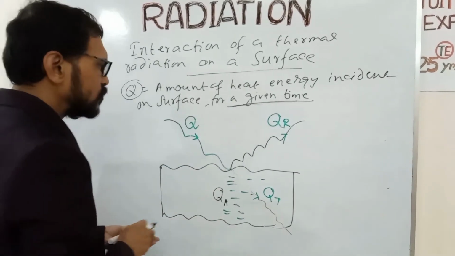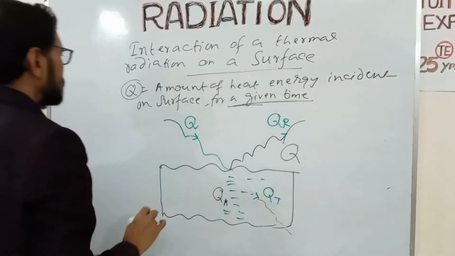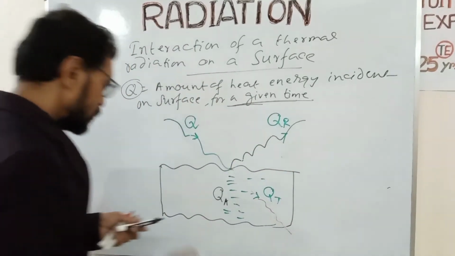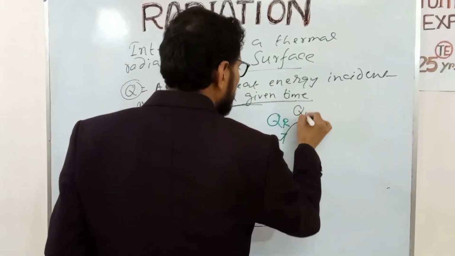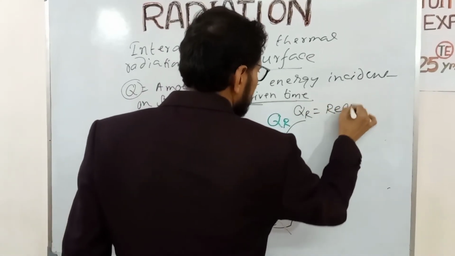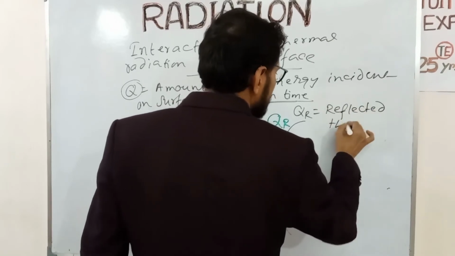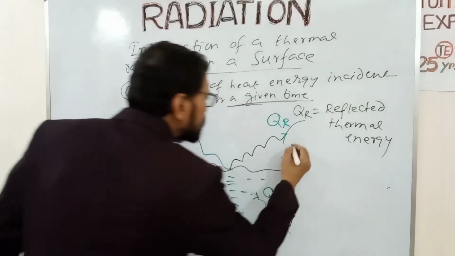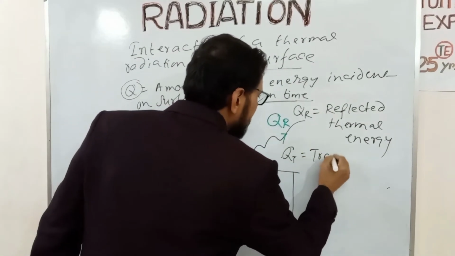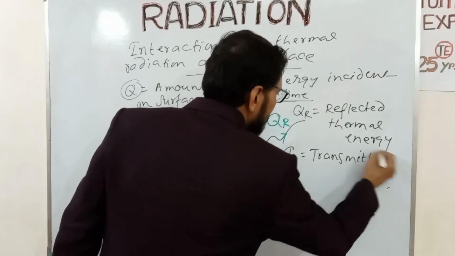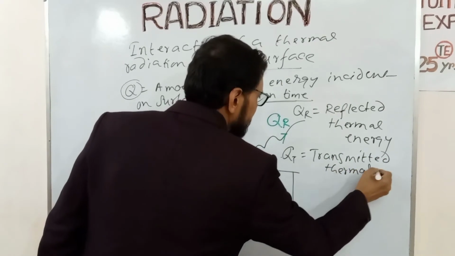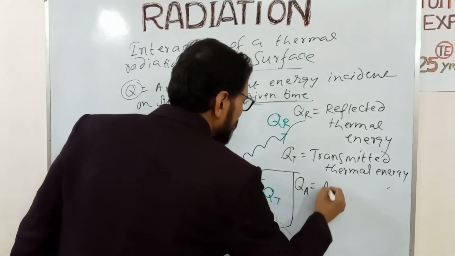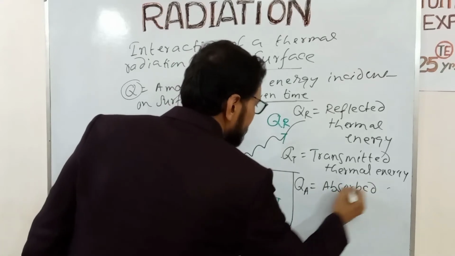So total Q equals what? Now what is QR? Here I write QR equals reflected thermal energy, QT equals transmitted thermal energy, and QA equals absorbed thermal energy.